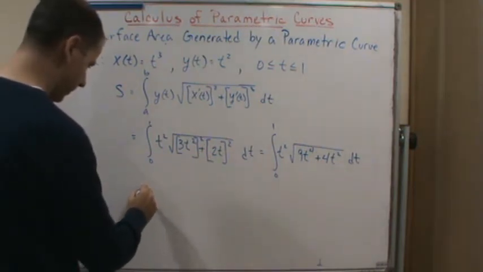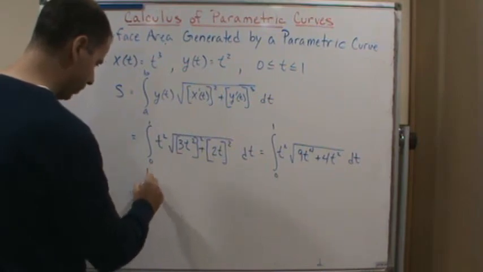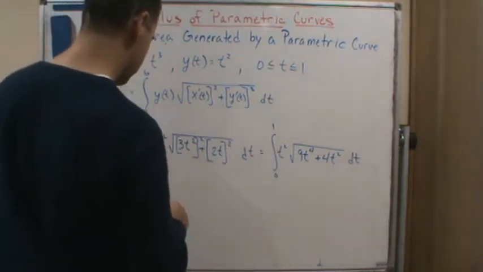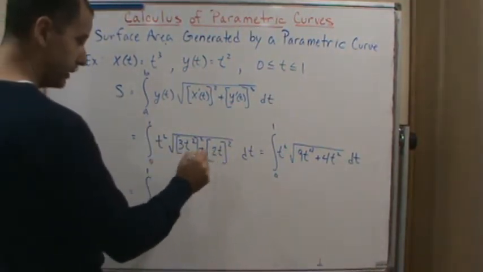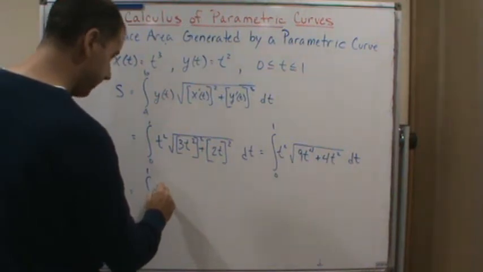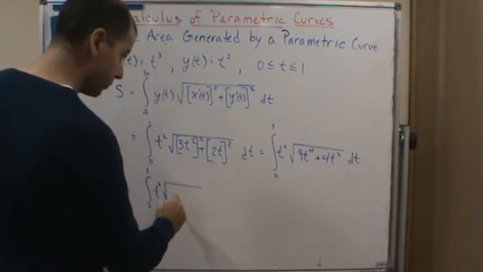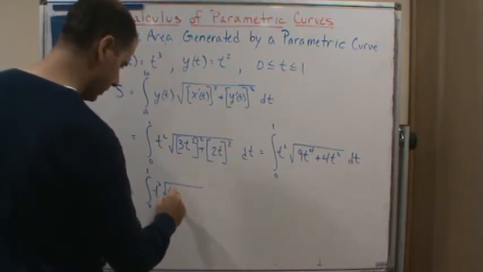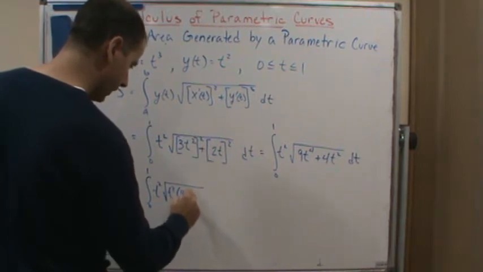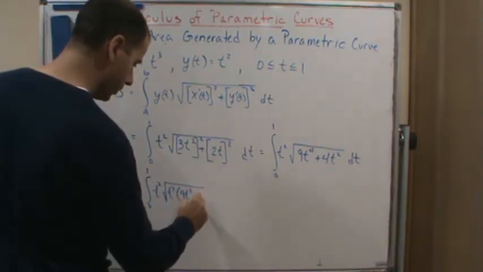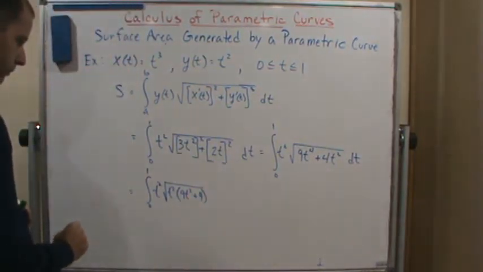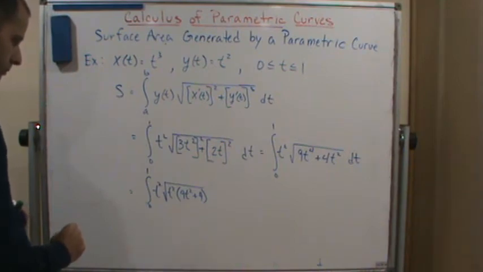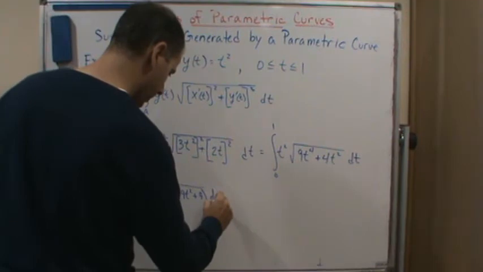Let's keep simplifying. So this is going to be 0 to 1, and we're going to factor out a t squared. So this is going to become t squared times the square root of t squared times 9t squared plus 4, dt.